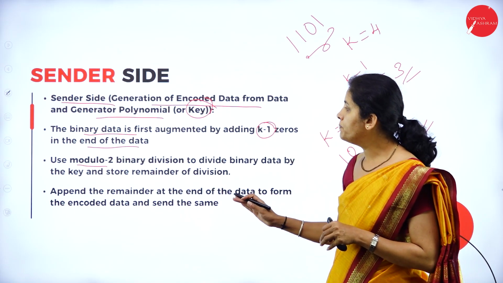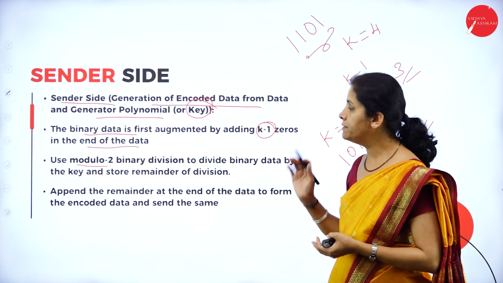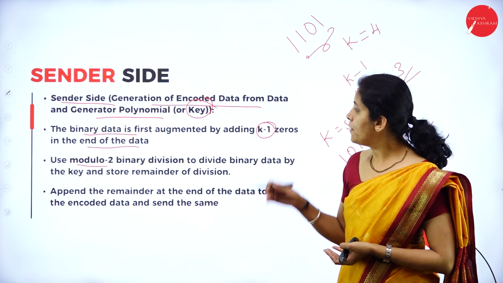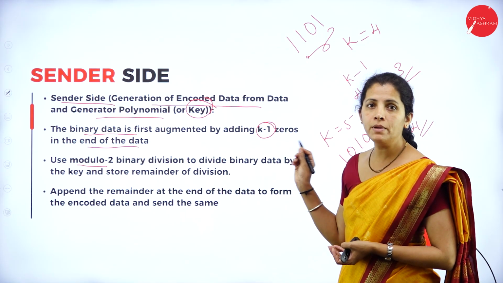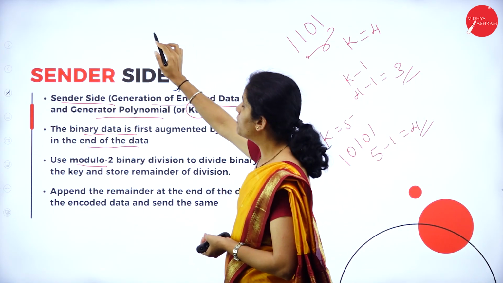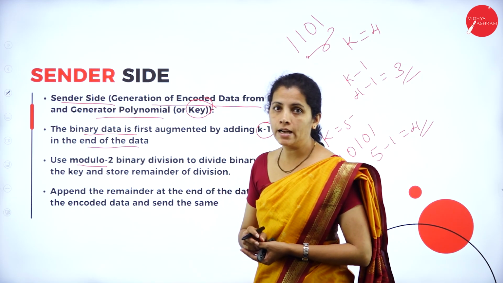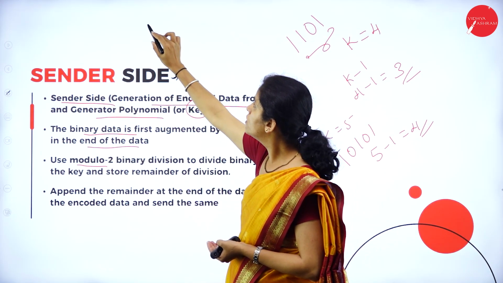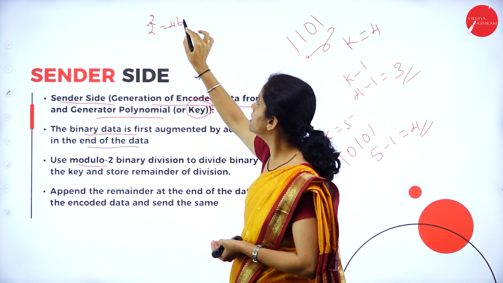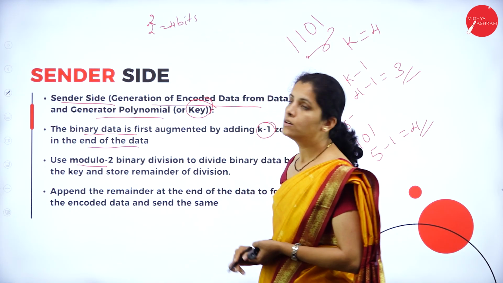To perform modulo 2 binary division, I want to consider the XOR gate. I hope you are familiar with the XOR gate truth table. I am going to write the XOR gate only for 2 to the power 2, that is 4 combinations.